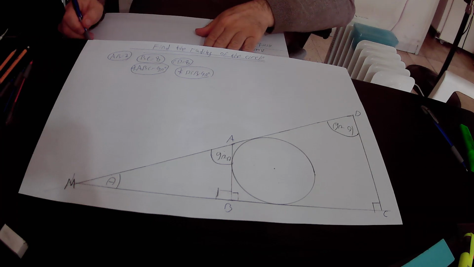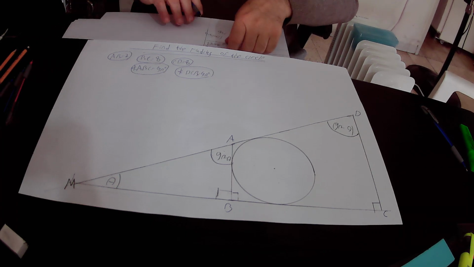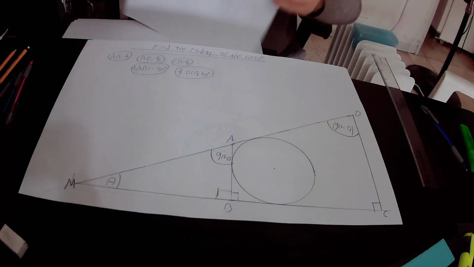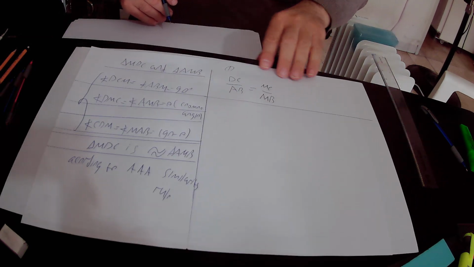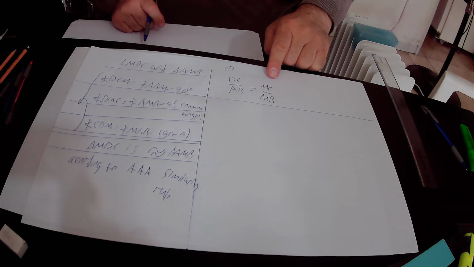Repeat again, we derive that DC over AB equals MC over MB.